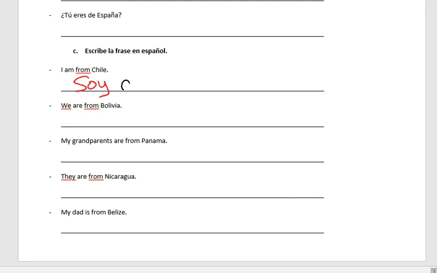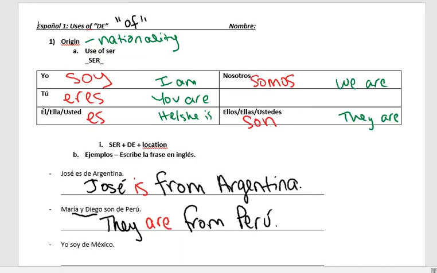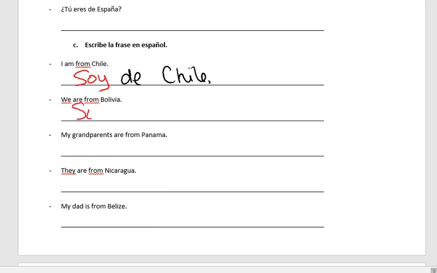We know that from is de, and then the location is Chile. So again, número dos, we are from Bolivia. So let's look back up. We are, somos. We know that from is de, and the location is Bolivia.